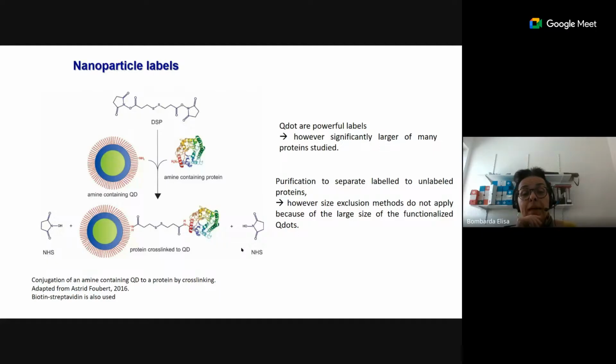Moreover, you may run into trouble when you want to purify your sample to separate labeled and unlabeled proteins, because size exclusion methods do not apply given the large size of the functionalized quantum dots. So you have to find an adapted way of purification. Additional effort is required, but it's definitely an option.